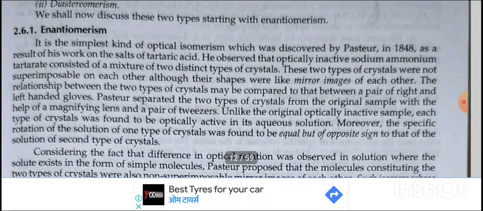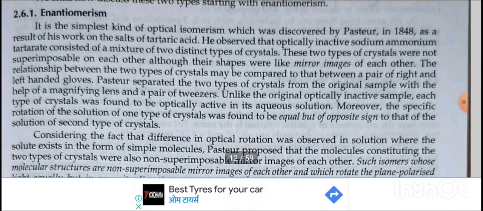Enantiomers are the simplest kind of optical isomers. They were discovered by Pasteur in 1848 as a result of his work on the salts of tartaric acid. He observed that optically inactive sodium ammonium tartrate consisted of a mixture of two distinct types of crystals.